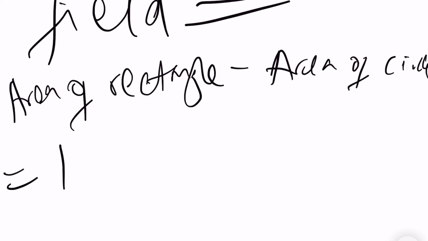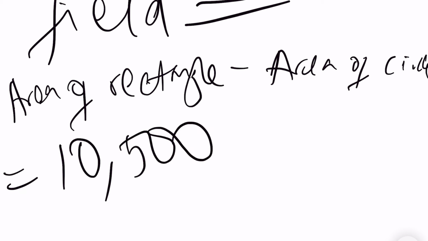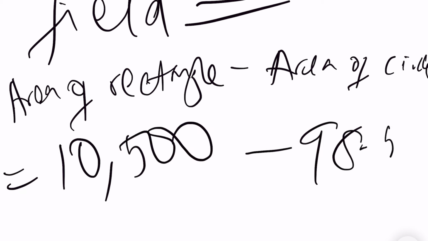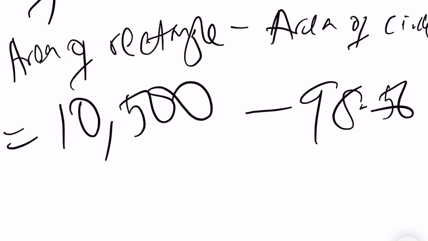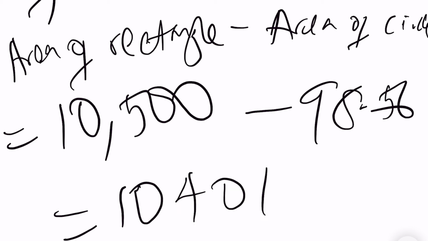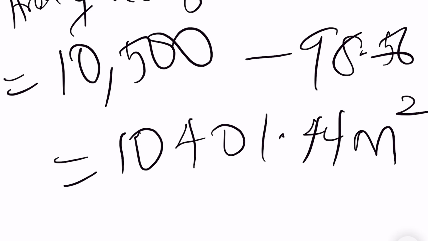So we have it to be 10,500 minus 98.56, and we have this to be 10,401.44 meters squared. So this is the area of the remaining field.